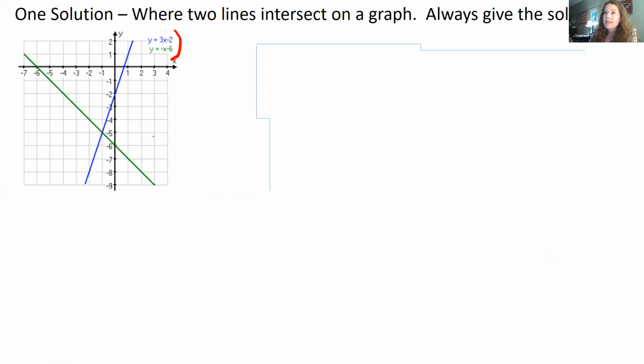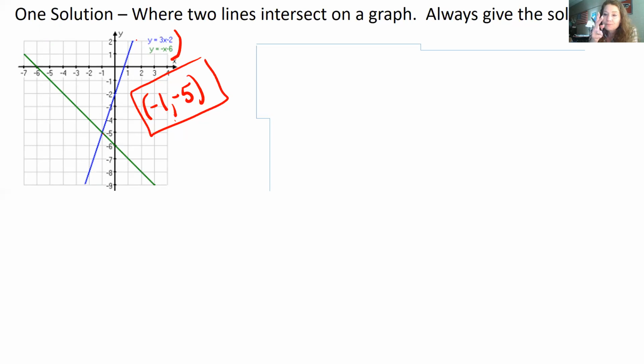You understand? Where they intersect is at -1, -5. So if I plugged in these values for x and y, I would get 2 true statements. You understand? The other one was no, because when we plugged in those numbers, -2, -8, into our equations, we didn't get 2 correct answers.